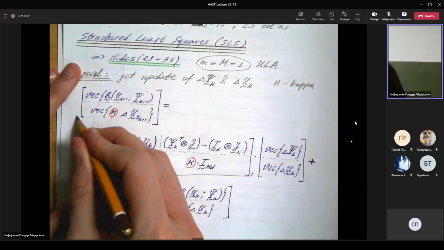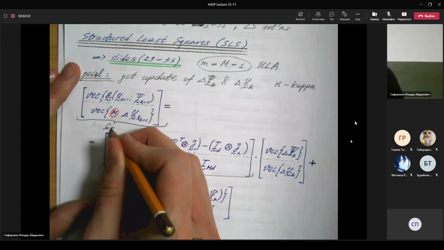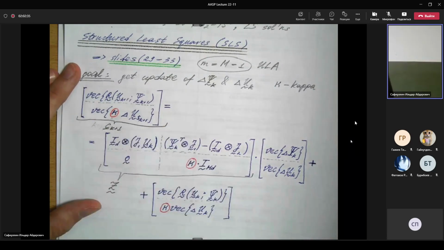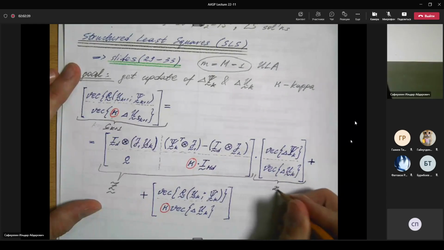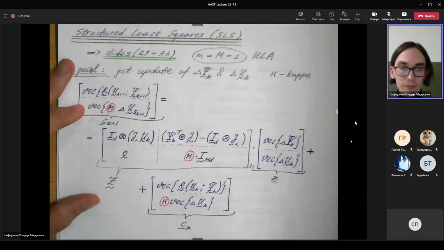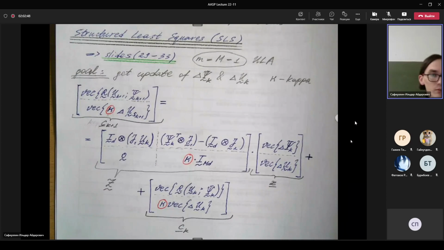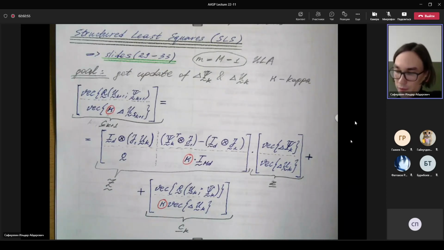This is our vector c sub k plus 1. This is our x, and this is our c sub k.